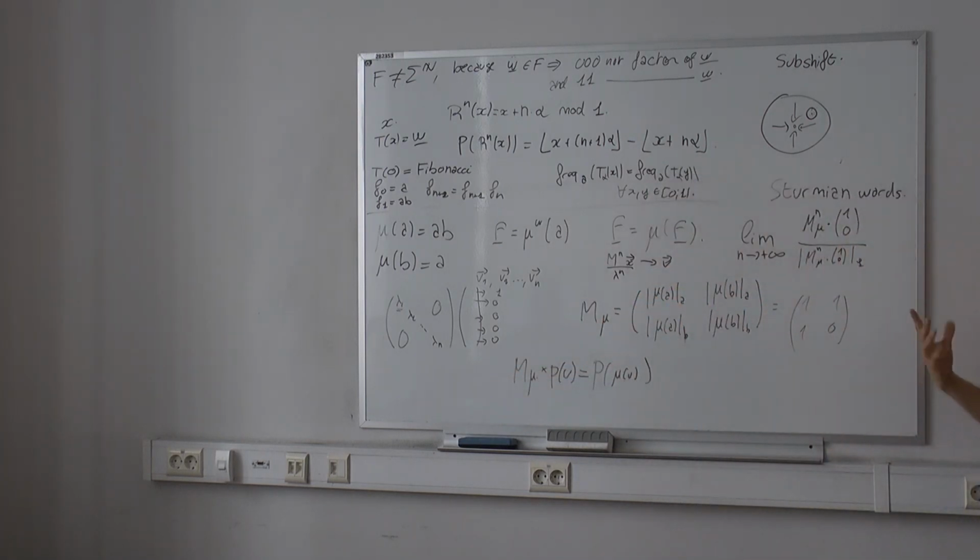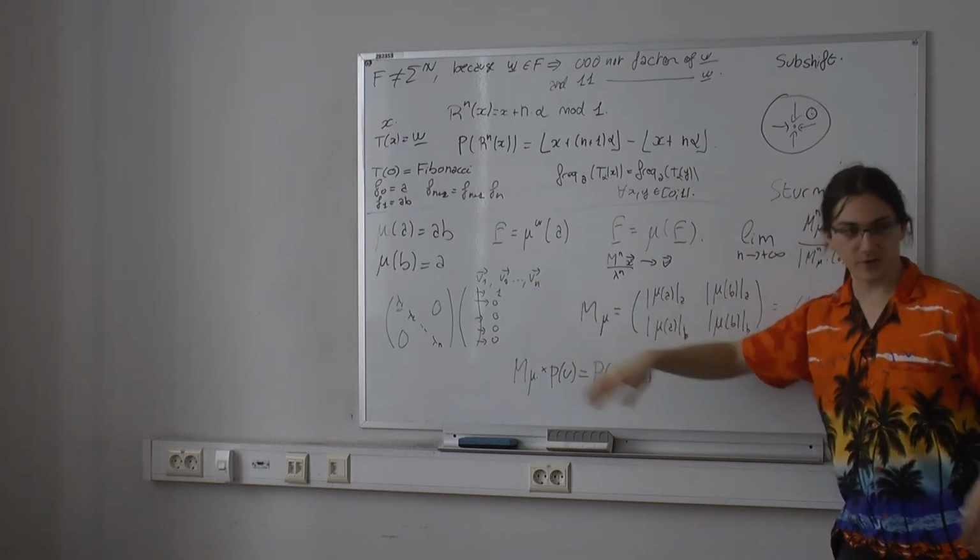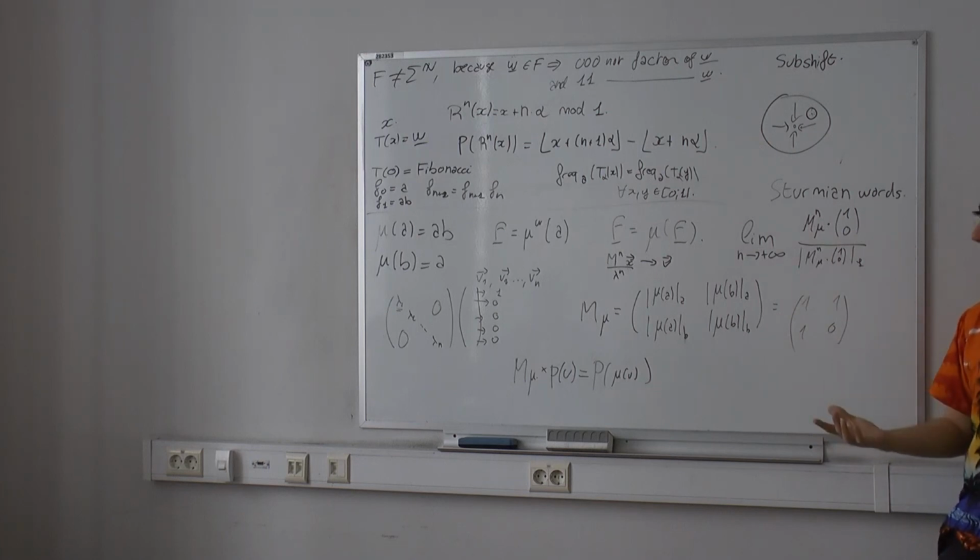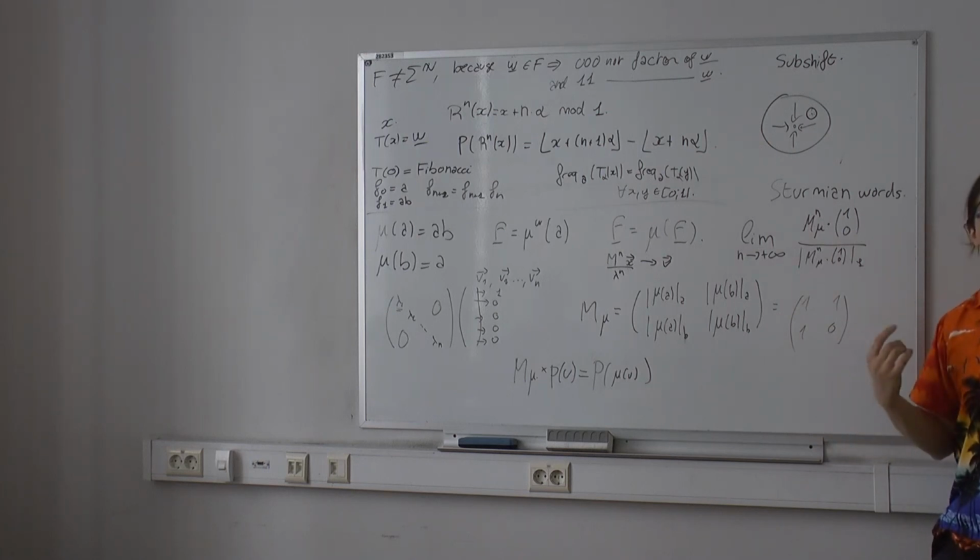But in general, you have a more general fact that if you have a vector and you multiply by a matrix, you will get somewhat attracted by the eigenvector with the largest eigenvalue. This is true in general. It's not necessarily as strong as this, but you can give a precise meaning to it, and this is why eigenvectors are interesting.